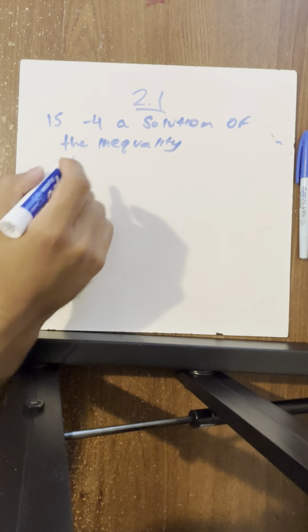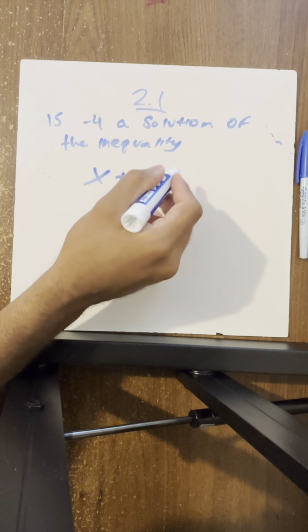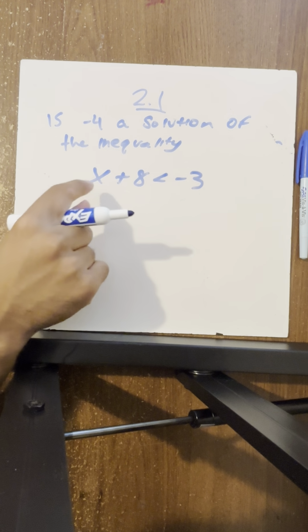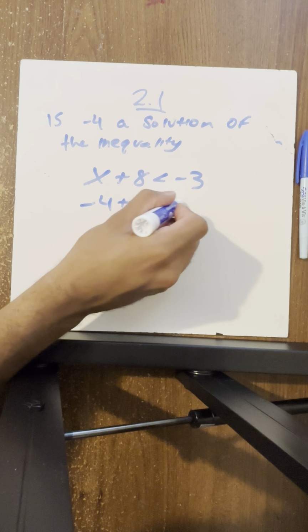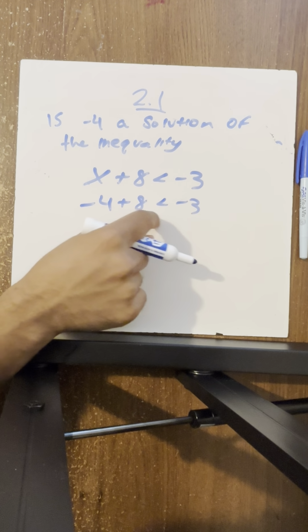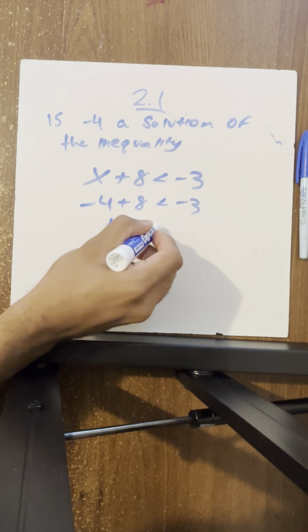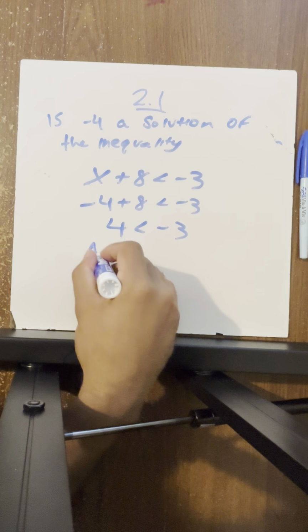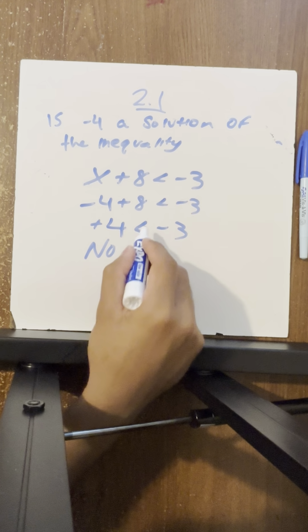The first inequality we have is x plus 8 less than negative 3. If we plug in negative 4 for the x, is negative 4 plus 8 less than negative 3? Negative 4 plus 8 is positive 4. And is 4 less than negative 3? No, because positive numbers are larger than negative numbers. So this is not true.